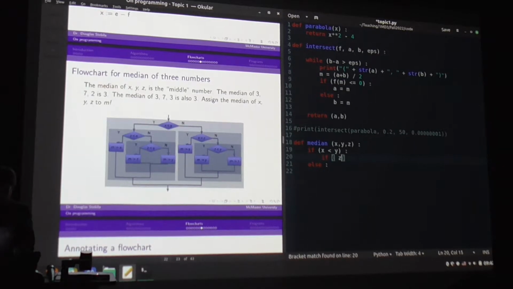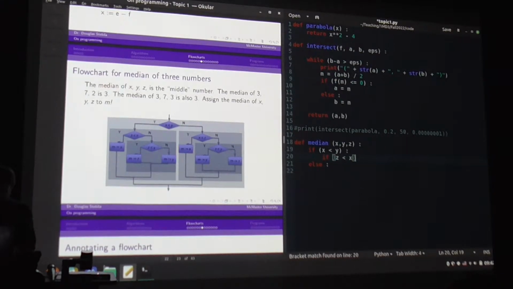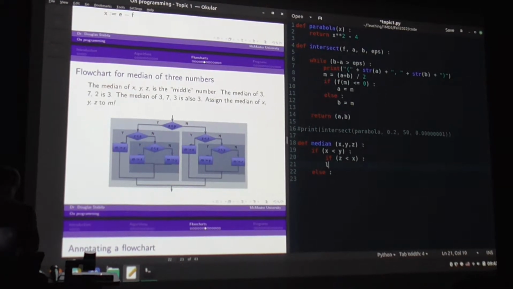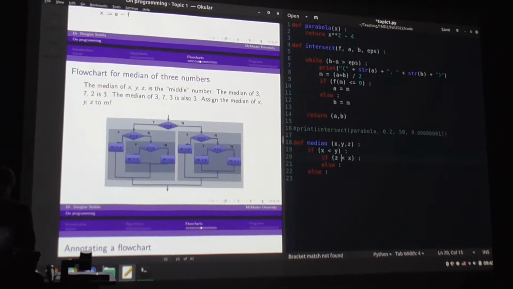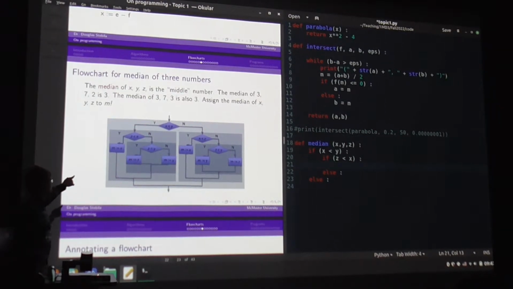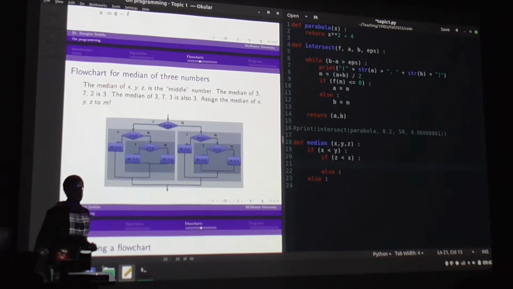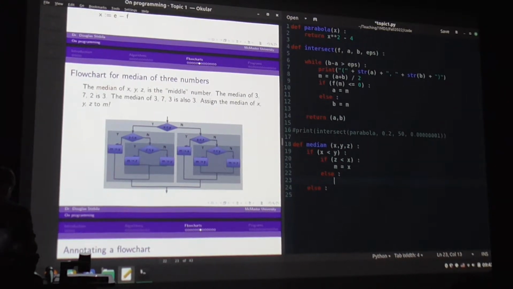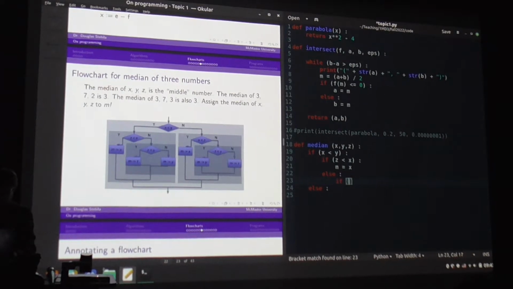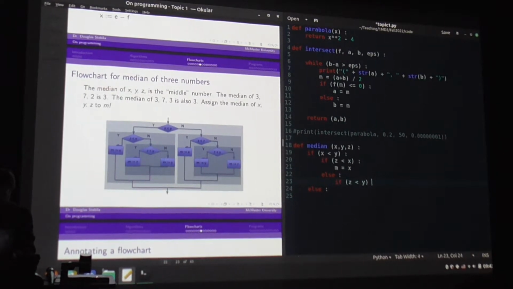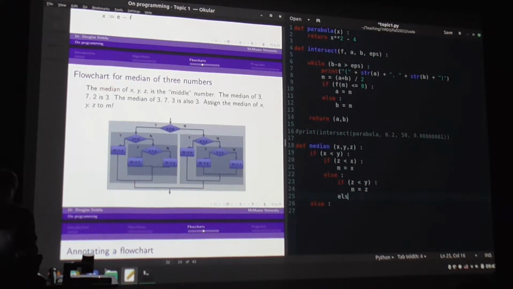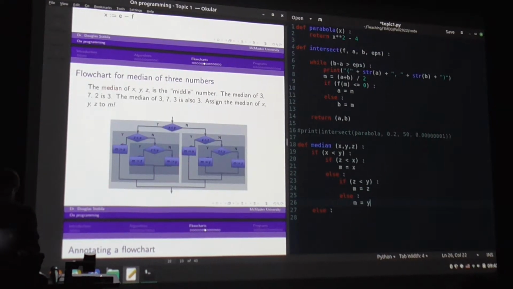So if z is less than x, that also has an else branch, like so. Inside of this, on the true branch here, we have the variable m being assigned to x. Otherwise, we have another if statement. If z is less than y, then m is equal to z, else m is equal to y.